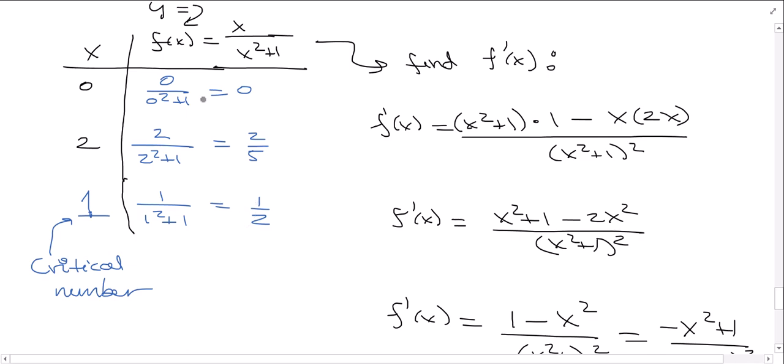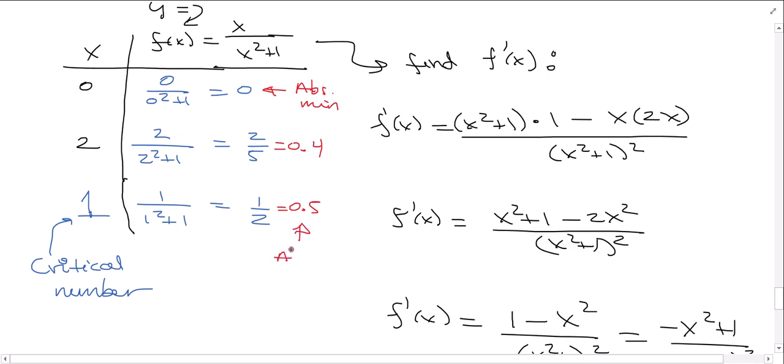So which one is the highest one? I can see that the lowest one is going to be 0. So that is the absolute min. And then 2/5 is 0.4 and 1/2 is 0.5, so this is the highest one.